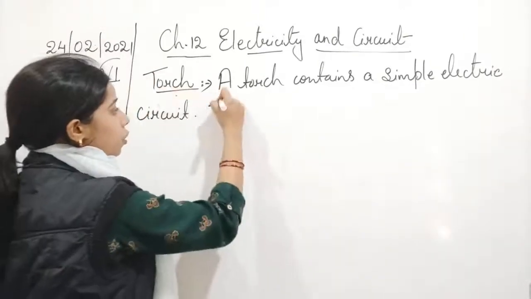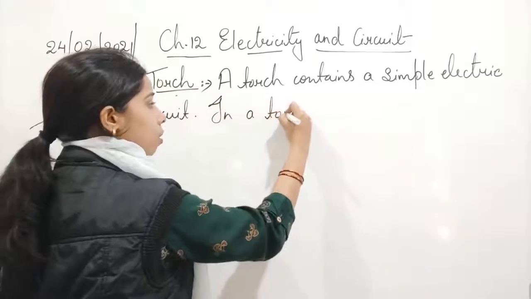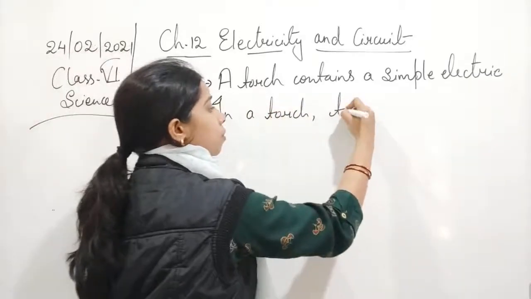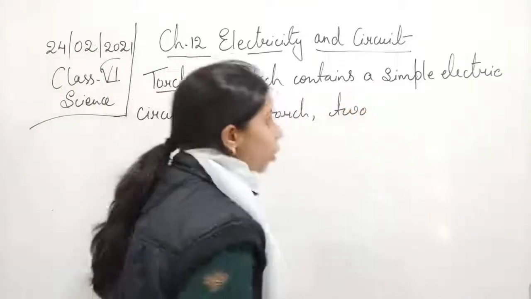Now, what are the things present in a torch? So, in a torch, we can write one or more cells are there.